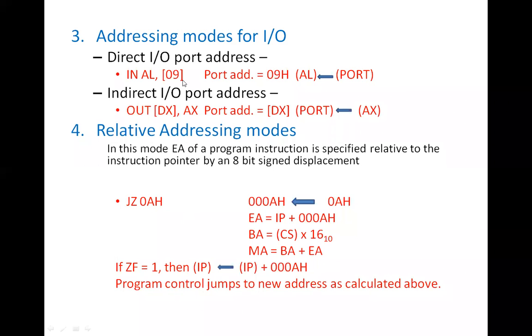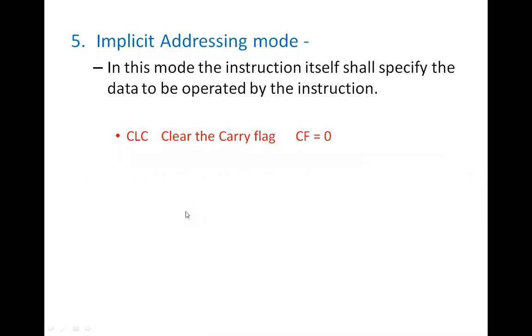So this is about the addressing modes related with input output devices and the relative addressing mode in case of conditional branching. The last addressing mode of 8086 is the implicit addressing mode, in which the instruction itself specifies the data to be operated on.